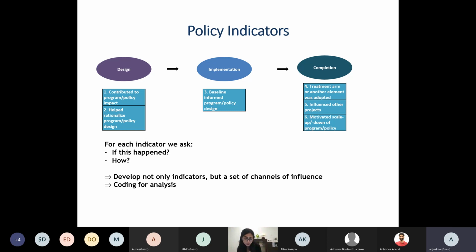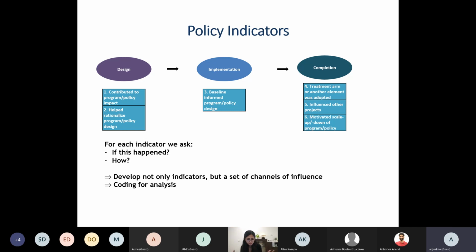The second one is whether it influenced other projects, and the third one is whether it motivated the scale up or whether it led to downsizing of a program or policy. And for each of these three indicators, if you remember, Chloe said specifically that for each indicator, we ask if this step happened, and if this impact happened, how this happened. So that's the big question.